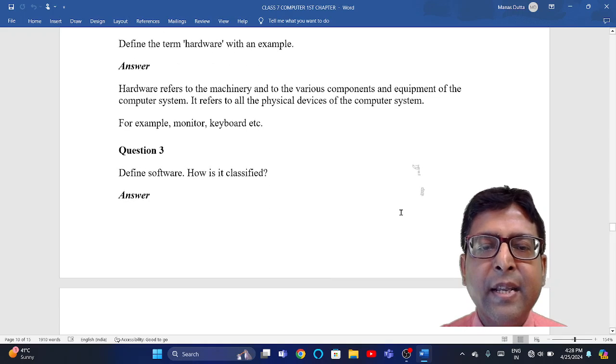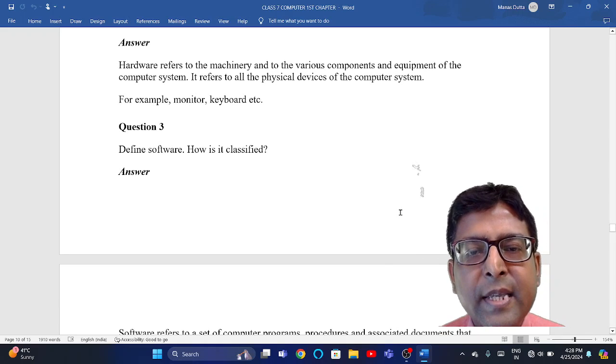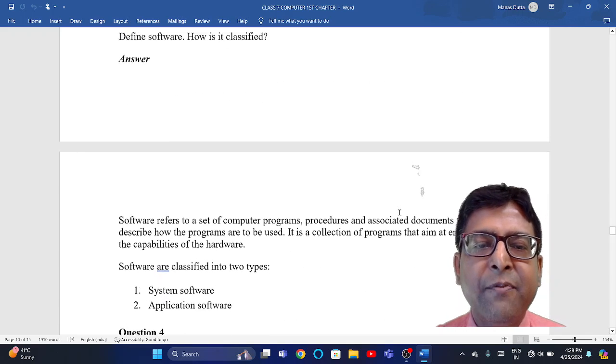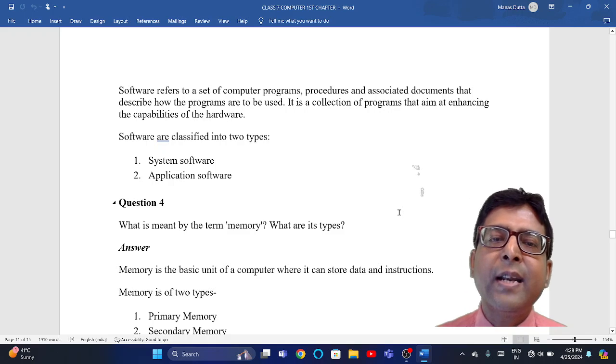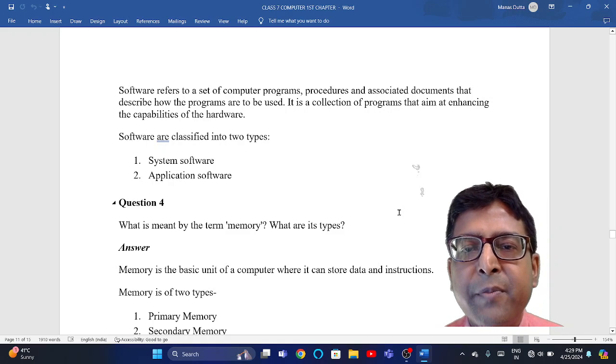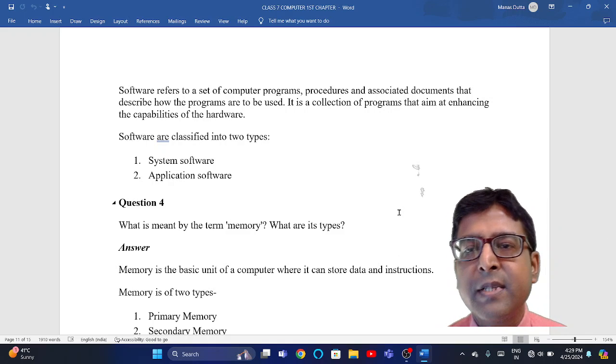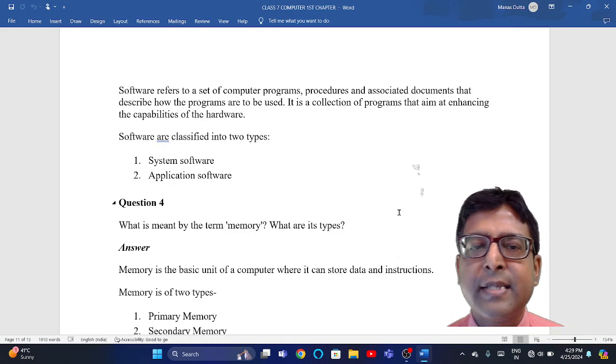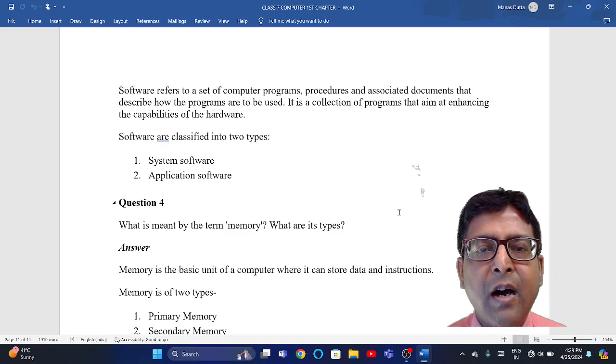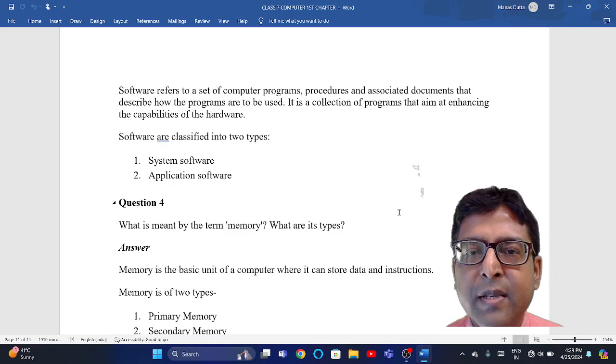Question 3, define software. How is it classified? Software refers to a set of computer programs, procedures, and associated documents that describe how the programs are to be used.